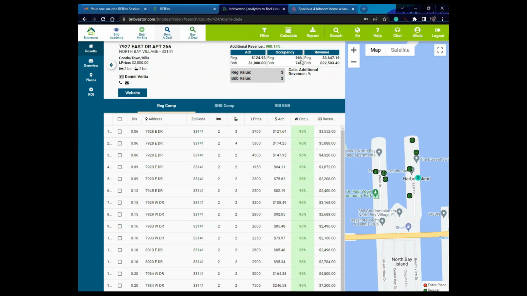With an occupancy rate for regular rentals, of course, as I told you before, regular rentals will always be very close to 100%. However, the occupancy rate for this area is 74%, which is not bad.